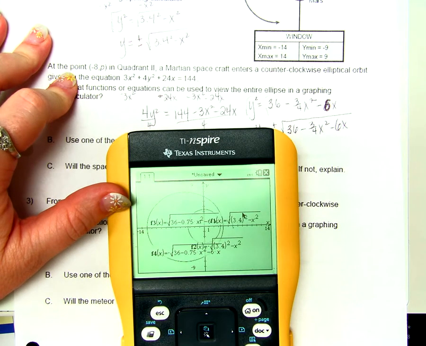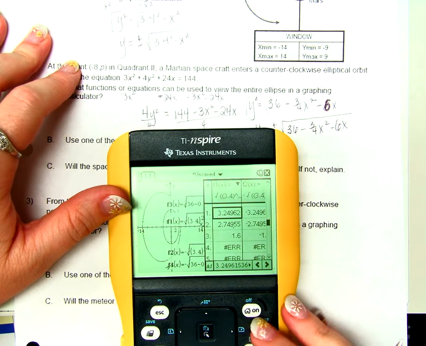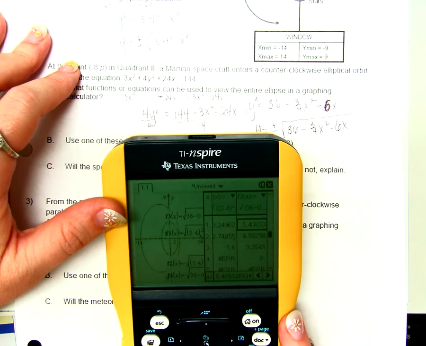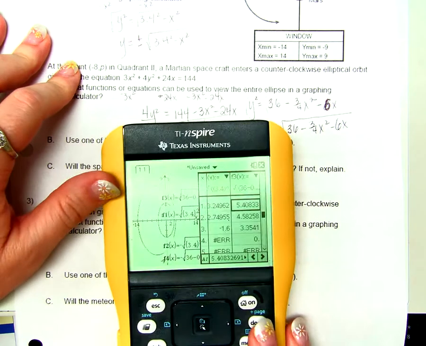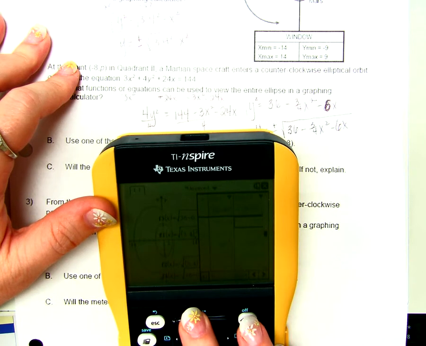Control T. We're looking at equation 3 or 4, right? Control T when x is negative 8. Oh, negative 8. Other way.